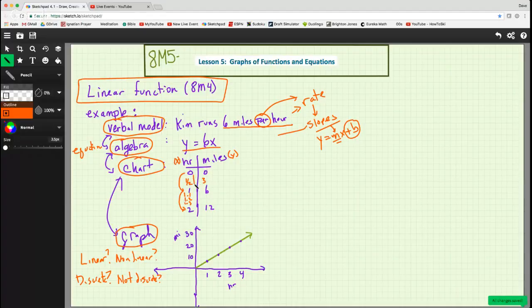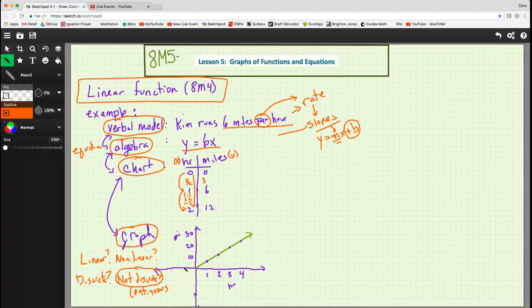It was a nice, continuous, smooth run, which tells us that this is what kind of function? Discrete or not discrete? Yeah, you're right. It's not discrete because it's nice and continuous. We can take any input, any fractional or real number input that's greater than 0, and it's nice and smooth.